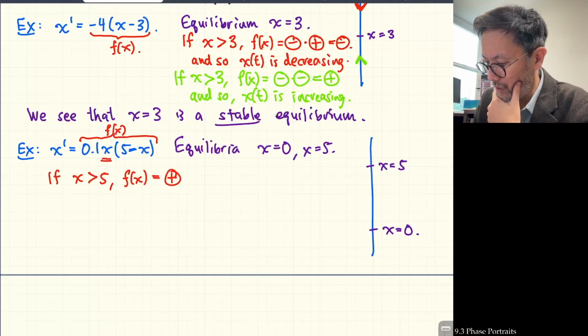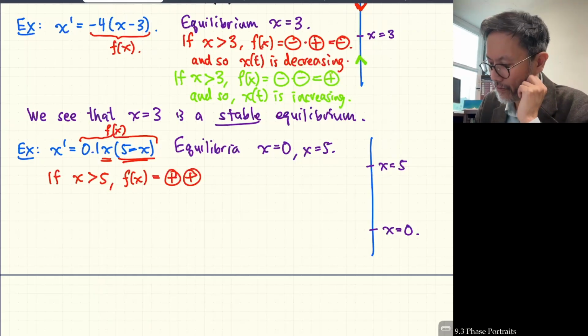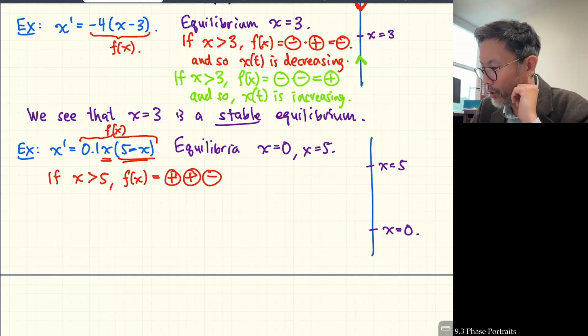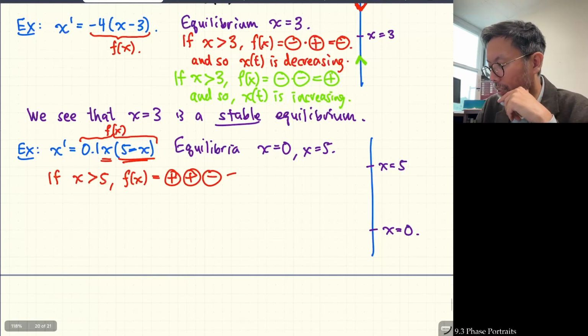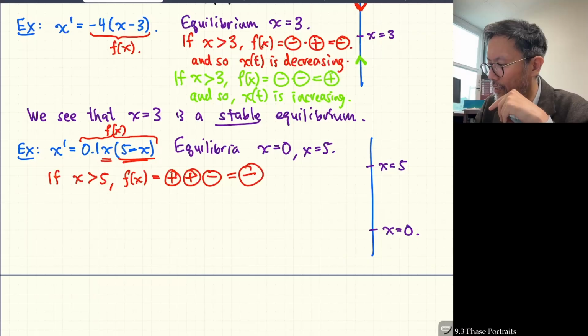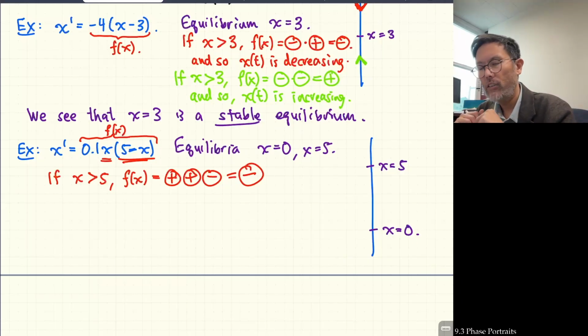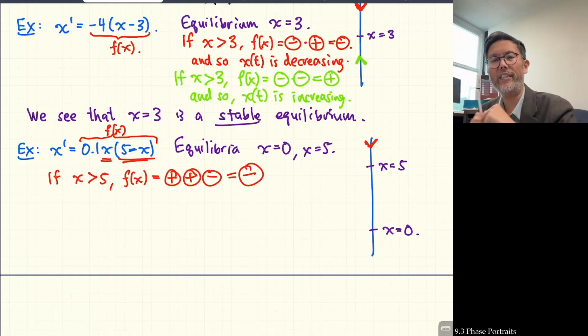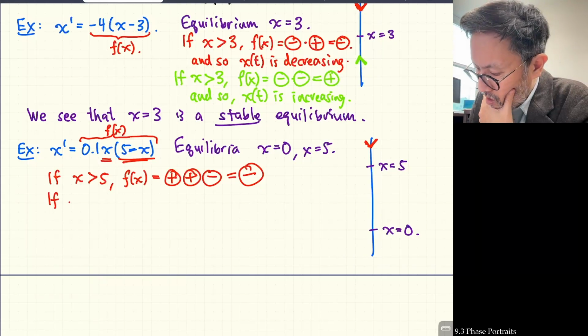This is also positive if x is greater than 5. And this one is negative. Ouch. And so the product of these three things is going to be positive, positive, negative. I think that's negative. What do you think? So if we're above x equal to 5, we are pointing downward. We're a decreasing function.